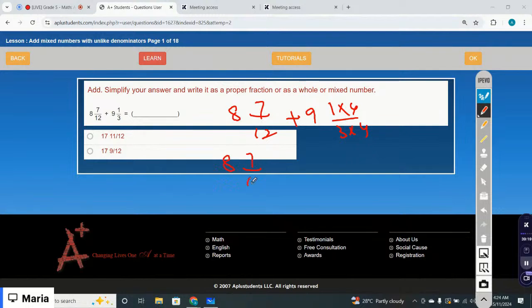So that is 8 whole 7 over 12 plus 9 whole 4 over 12, right? Now you can add whole number to whole number. 8 plus 9 is 17, and 7 plus 4 is 11 over 12. That is 17 whole 11 over 12.